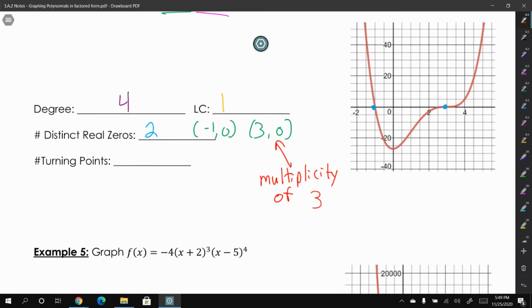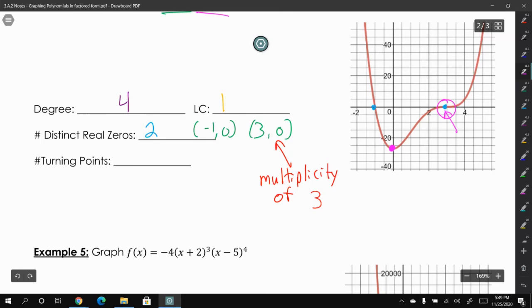And then the number of turning points, well, let's see, we have 1 turning point here, okay, and then you look at that point there and you're thinking, well, is that a turning point? Not necessarily, because remember, turning points are where you have a minimum or maximum.